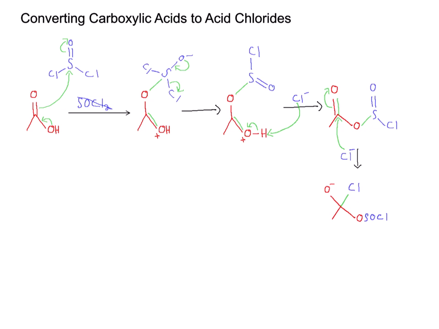After that, of course, the lone pair is going to come back down from the oxygen and kick off the OSOCl leaving group. That gives us our acid chloride product and our OSOCl negative. Now that OSOCl negative will degrade and form SO2 and Cl negative, which explains why we had enough chloride anion in this reaction mixture.